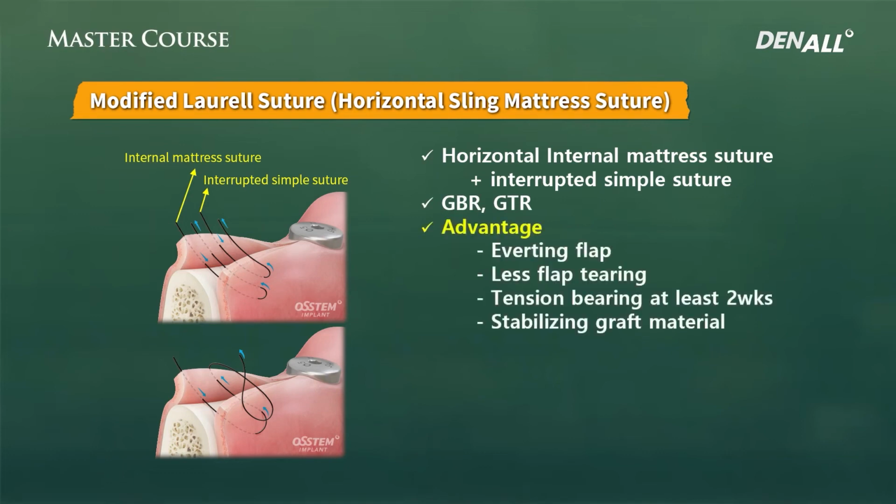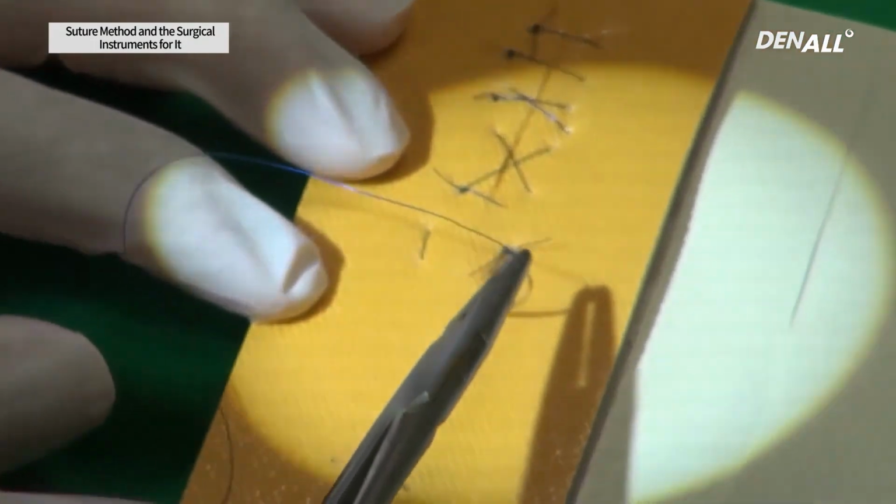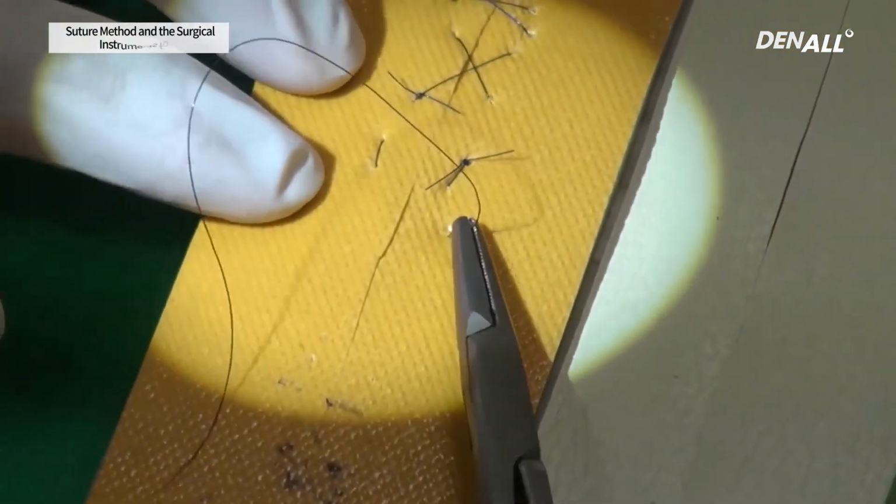It creates an everting flap and has less flap tearing, and the graft material can be stabilized using this technique. But what you have to be careful about is that the suture is made in an X and it's finished by pulling it to the buccal side so that it does not rest on the incision line. I think the video will be helpful.